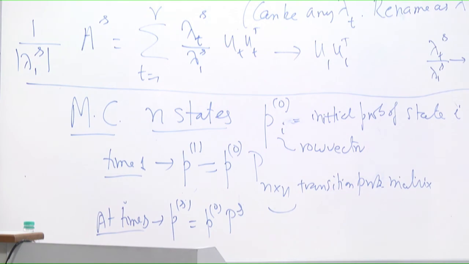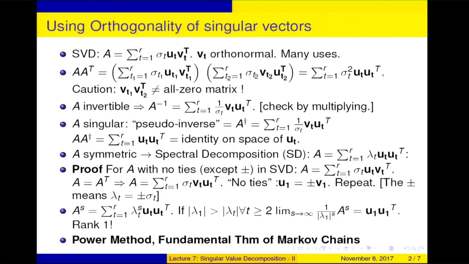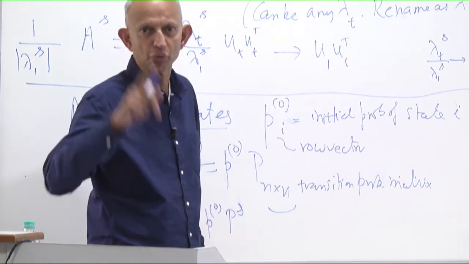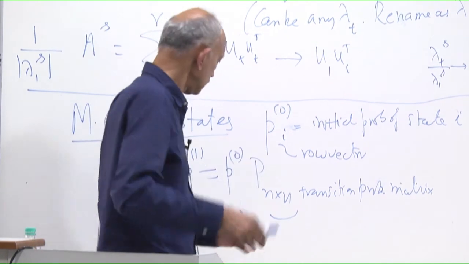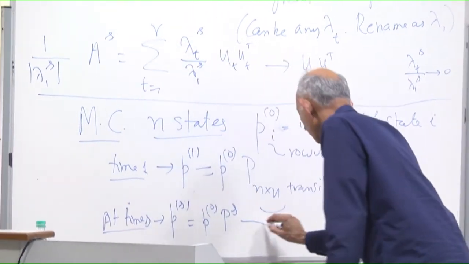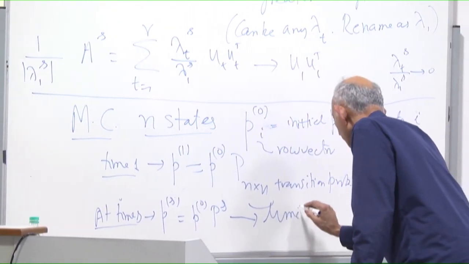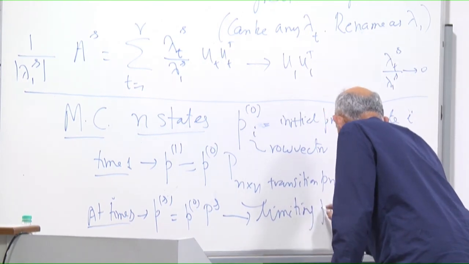Okay. And the big theorem in Markov chains is if you run it forever, under some conditions, you get to stationary probabilities, some steady state probabilities, which are limiting probabilities. So we want to say this converges to limiting probabilities.